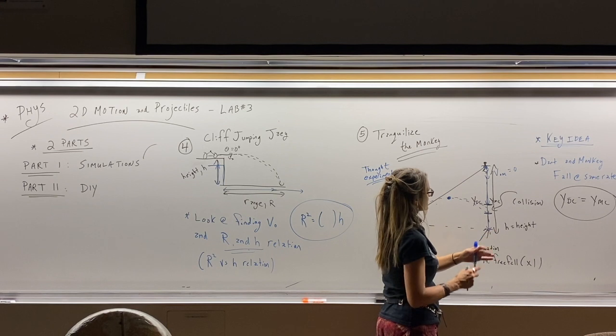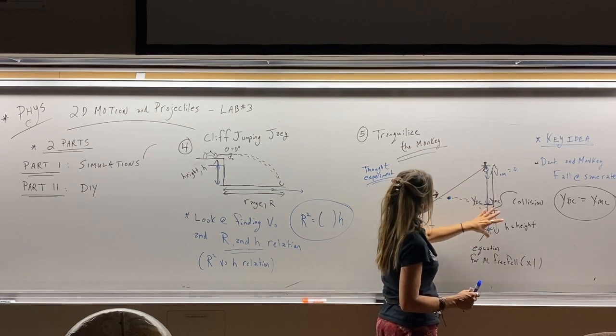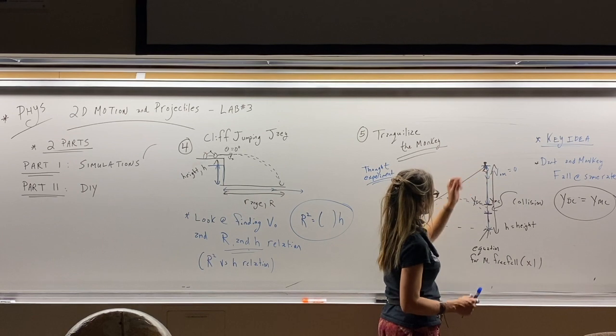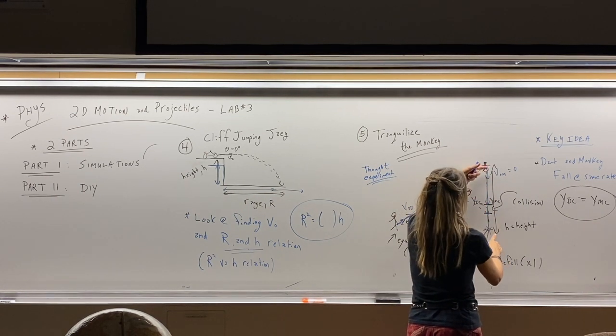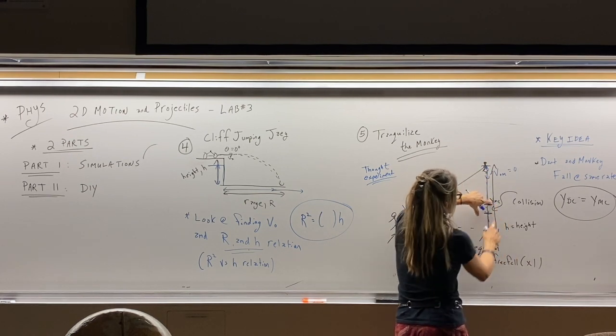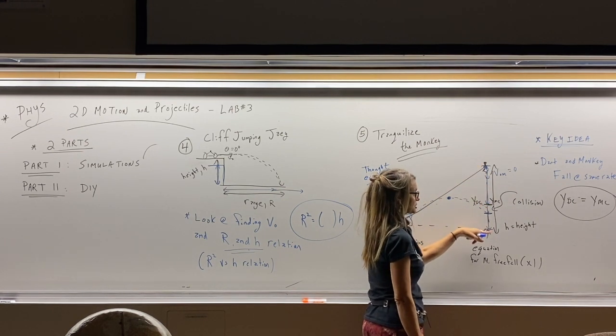Let's say we call H the total height, and Y monkey collision to be this point right here. Then what you want to do is set up your kinematic equation to express the Y monkey collision value in terms of all the other height positions.